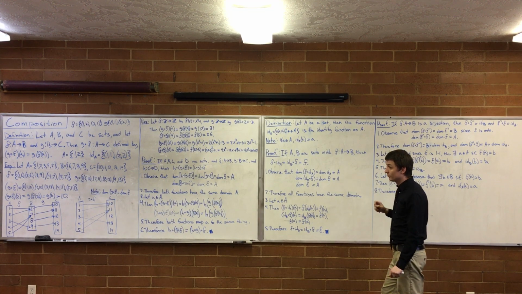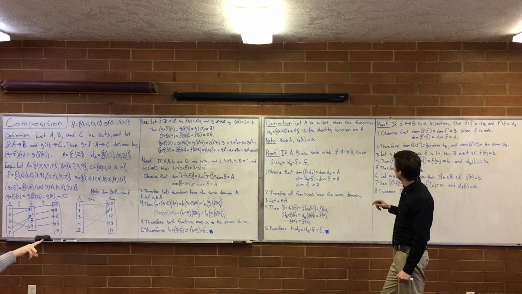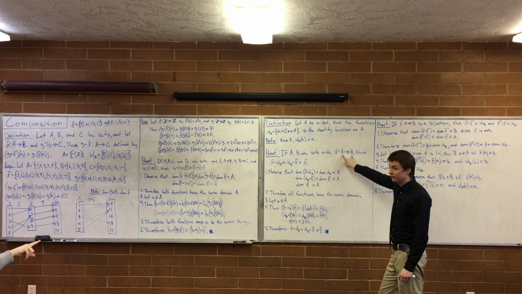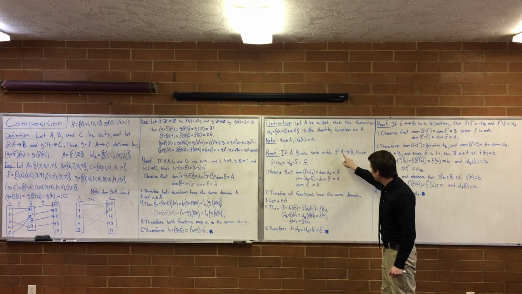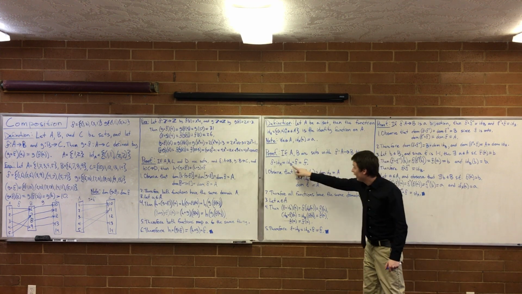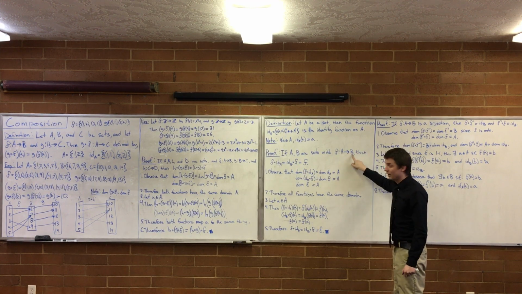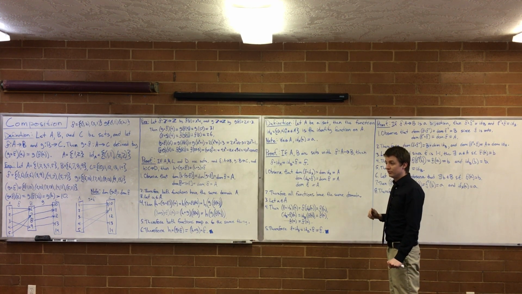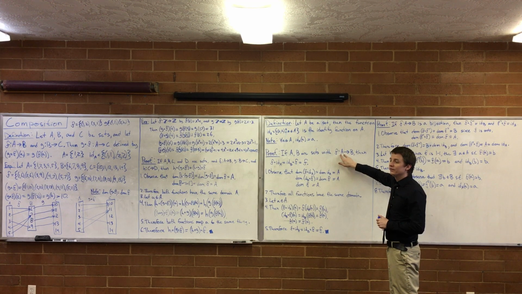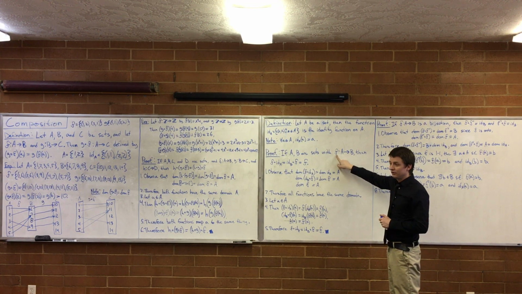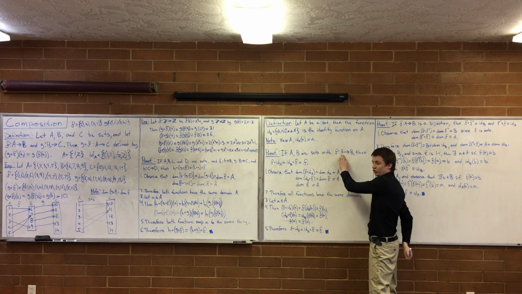ID_A is a function that maps everything in here to itself. ID_B is a function on here that maps everything in here to itself. Does it make sense? A was the domain and B was the range of f. A and B are sets.